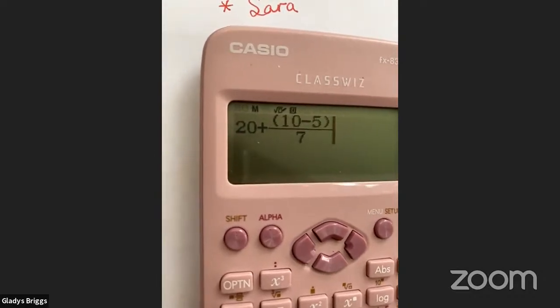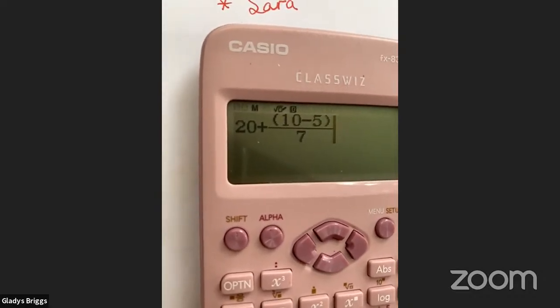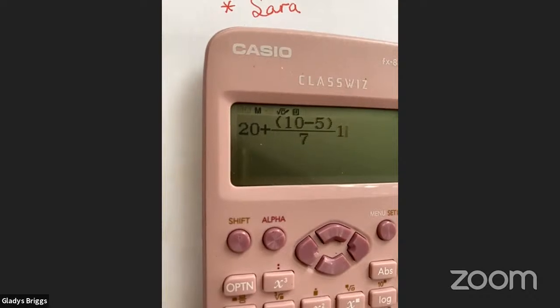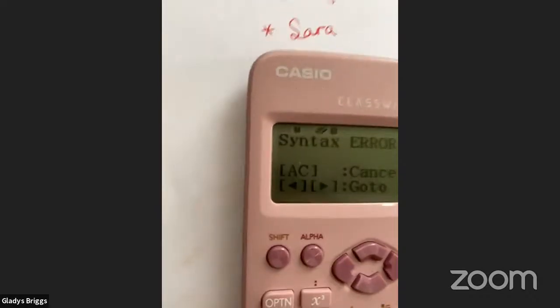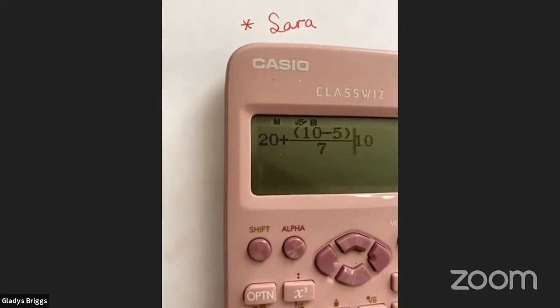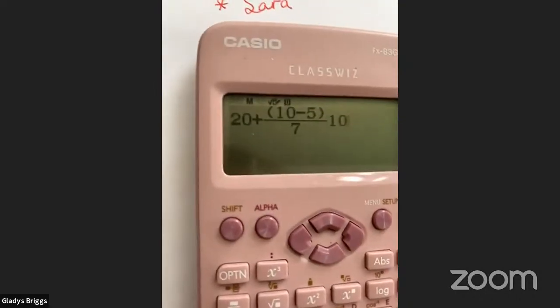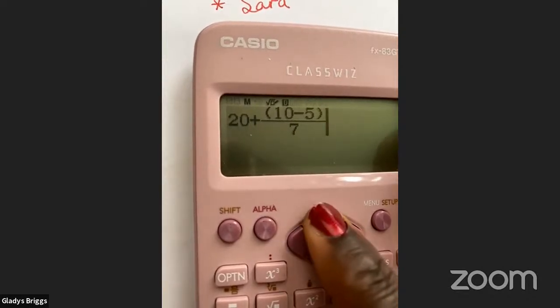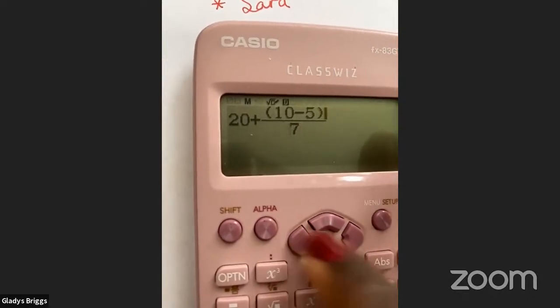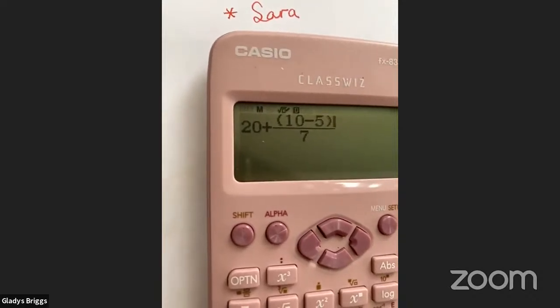Let me see. What was there at the end there? Let's have a look. Right, go back. I know, I did it wrong. I need to go back to the top of the fraction. Yeah, times 10.